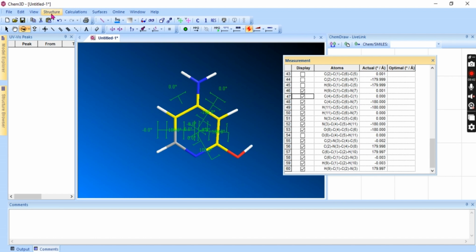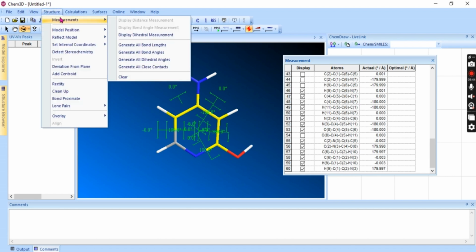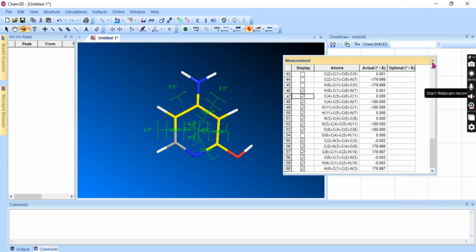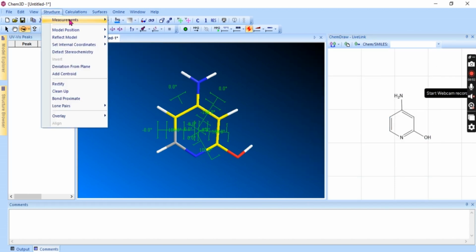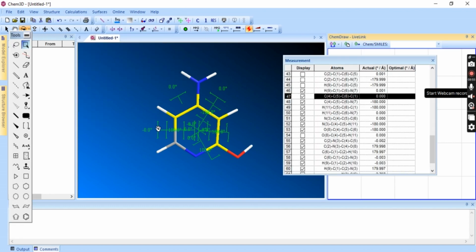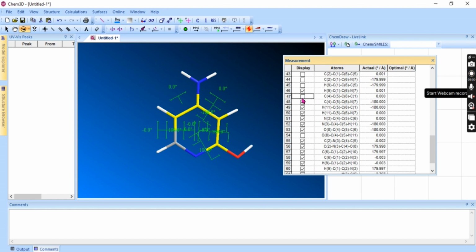Then another topic, finally, is to generate the close contacts. So how do we generate the close contacts? First of all, we have to remove these. Let's remove all these first, and we can count the total number of atoms.